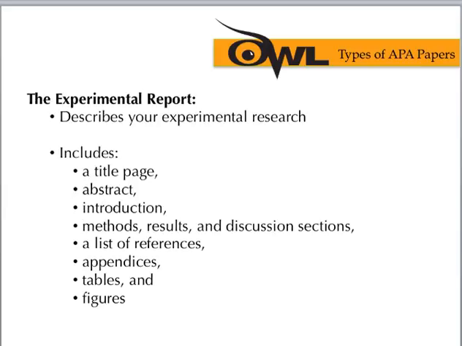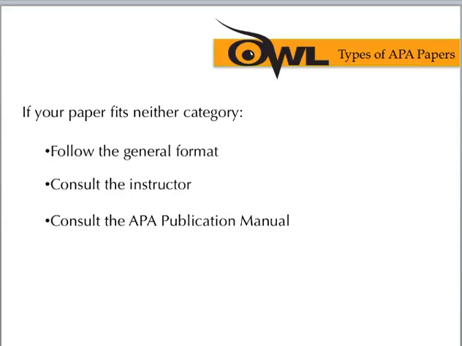Then we have the experimental report, which describes whatever experiment you're doing and the research behind it. This has a few more components: a title page, the abstract, introduction, methods, results, and discussion sections, a list of references, appendices, tables, as well as figures.